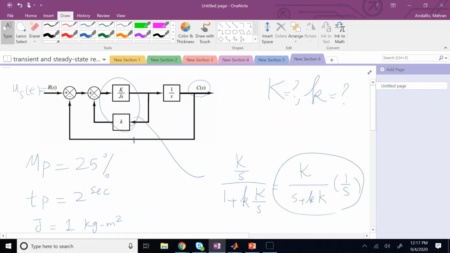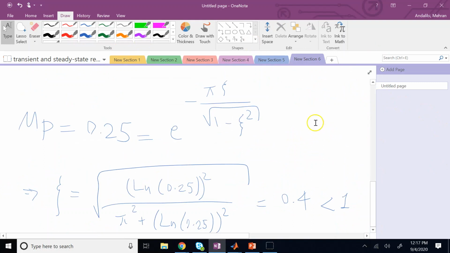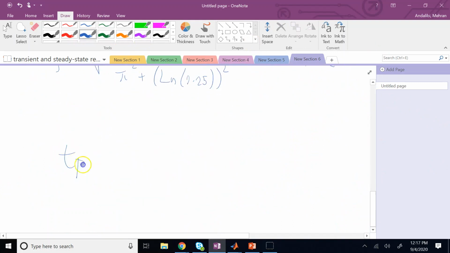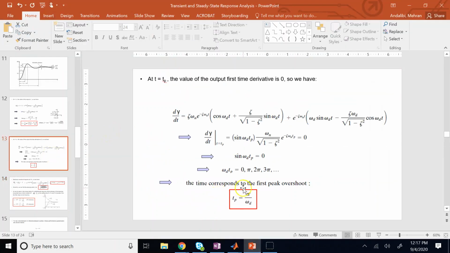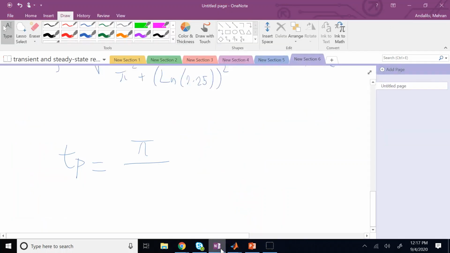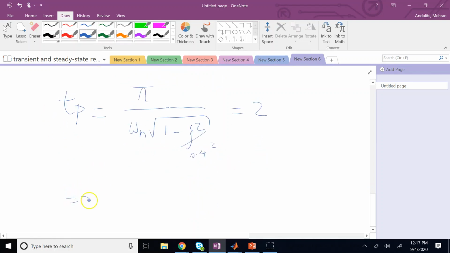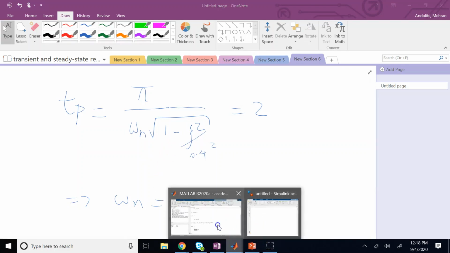So that's your zeta. Now T peak, if you remember, T peak was what? Pi over omega d, correct? So we can go back and find it. It was pi over omega d, or pi over omega n times square root 1 minus zeta squared. This is 2 seconds, and zeta is 0.4. From here, you can find what? Your omega n, which is going to be pi over 2 divided by that square root, correct?